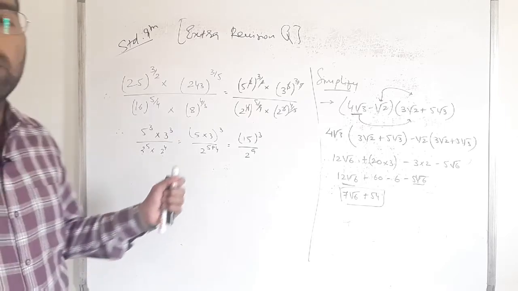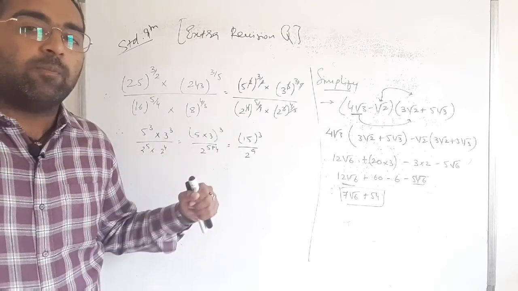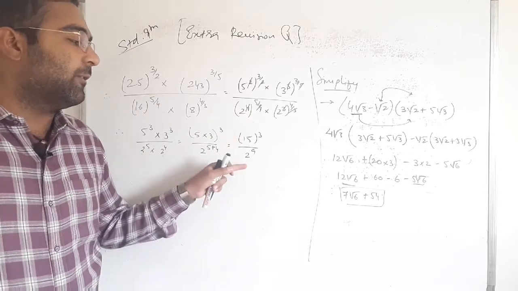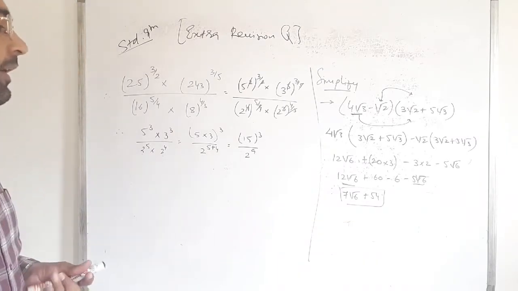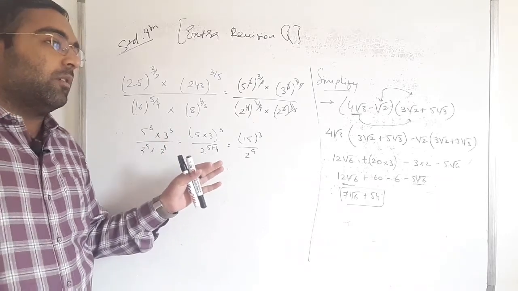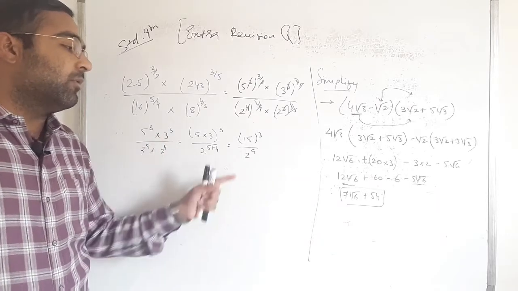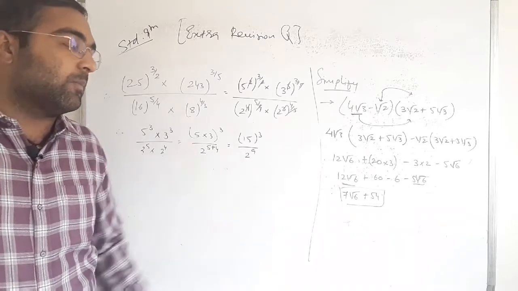If you want to simplify more, you have to find the cube of 15 and 2 raised to 9, and multiply 2 nine times, so your answer will be 512 when you multiply 2 nine times.